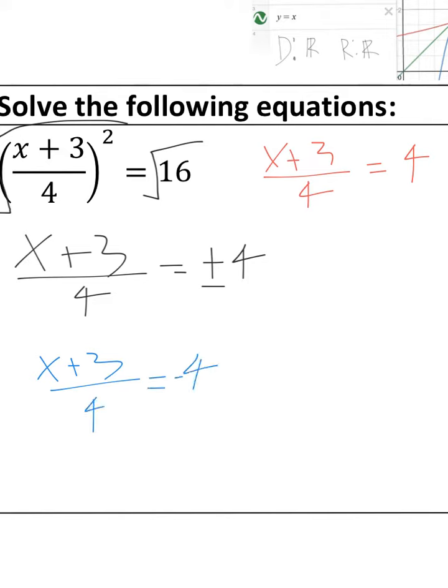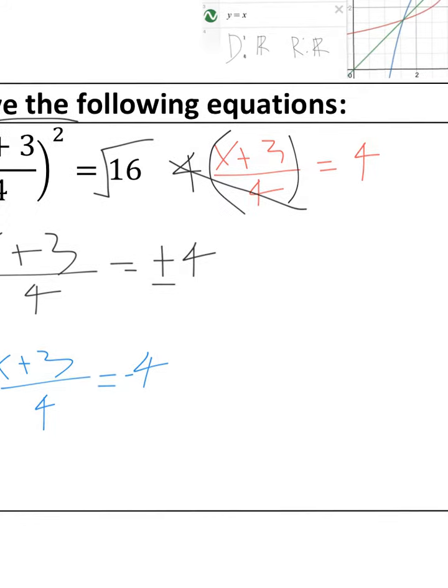So how do you get rid of a fraction? You flip it and you multiply, right? But I think it's easier to just do this. If you just have something on top, like a statement x plus 3, for example, over 4, I'm just going to get rid of the bottom of the fraction, so you multiply by the bottom of the fraction. So I'll multiply both sides by 4.